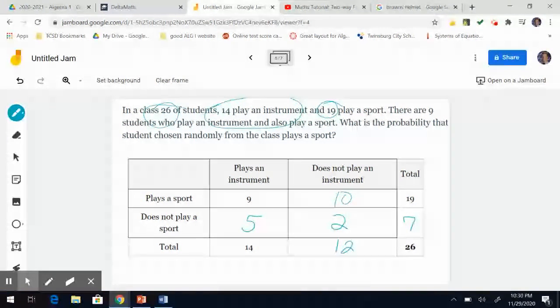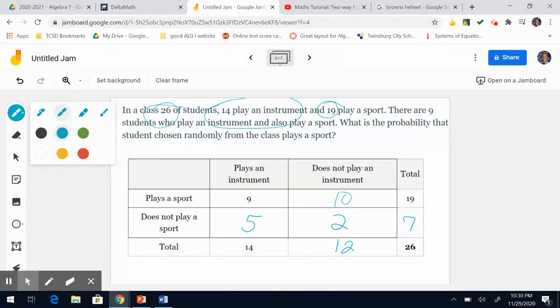So now what are they asking us? What is the probability that a student chosen randomly plays a sport? Sorry. So how many people play sports? We have a total of how many people? We have a total of 26.